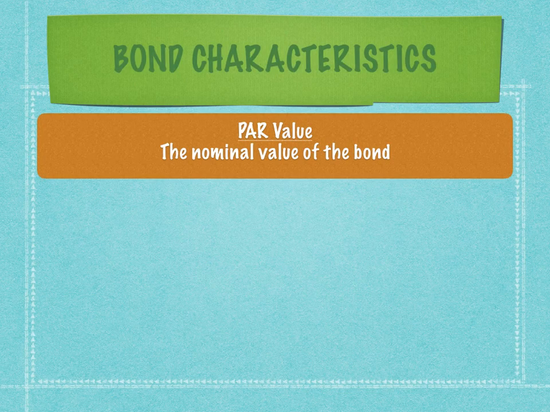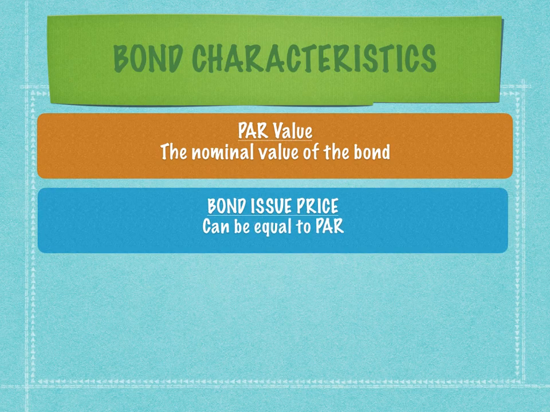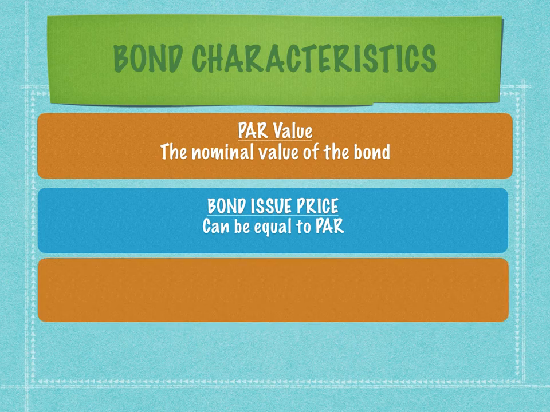Bonds have the following characteristics. The first one is the par value. Par value is also called the nominal value of the bond. In some countries, it's called face value, but all three of them are used interchangeably and imply the same thing. The bond issue price is the price at which the bond is issued in the primary market. In most cases, the bond issue price is equal to the par value.